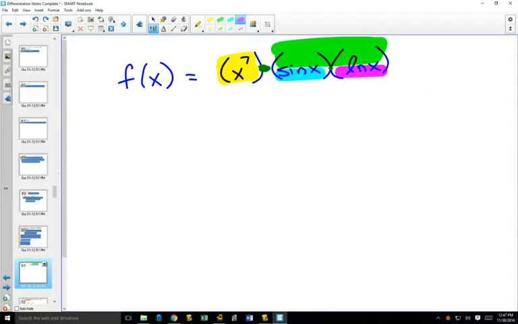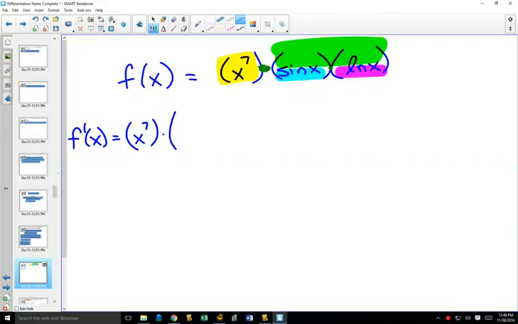Are we ready? So the product rule says keep the first one the same. Okay, that's easy. Let's start way over here because this could be a long one. Keep the first function the same. That's my x to the 7. Multiply that by the derivative of the second function. Well, my second function is the green one.